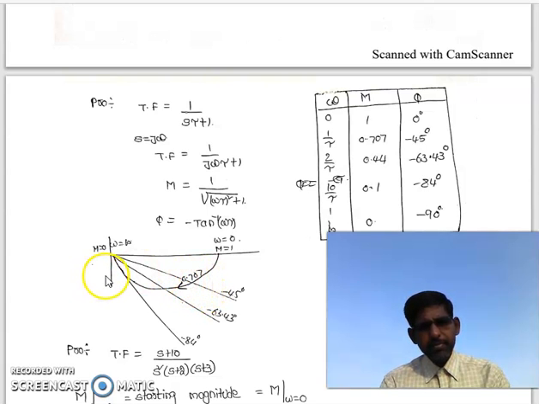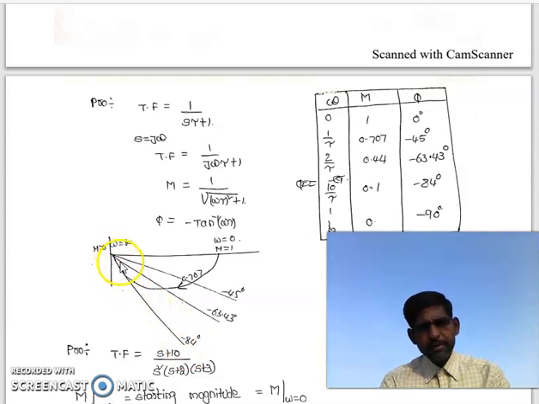If omega equal to 1 by tau, the magnitude is 0.707, and what is the angle? Minus 45 degrees. If omega equal to 2 by tau, what is the angle? Minus 63.43 degrees. If omega equal to 10 by tau, minus 84 degrees.